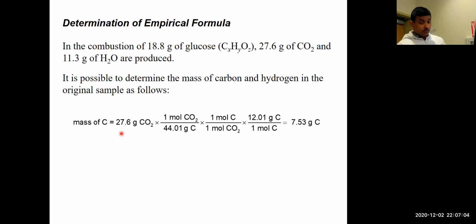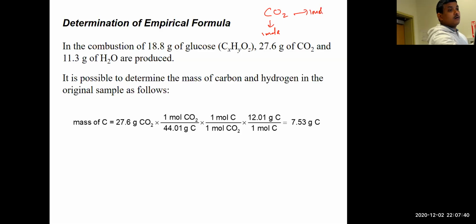So we are first going to identify how many moles of carbon dioxide are present in 27.6 grams of CO2, and based on the ratios in CO2, we know that for every 1 mole of CO2, there is 1 mole of carbon and 2 moles of oxygen.